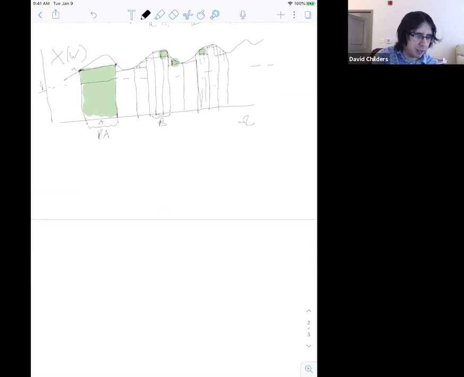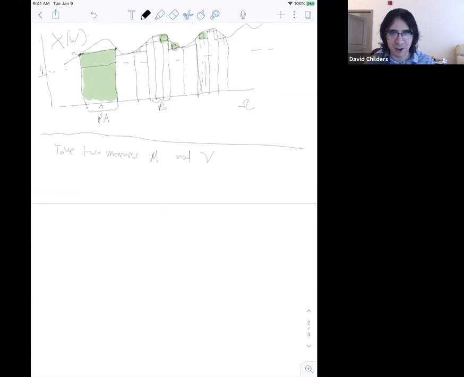So we take two measures that I'm going to call mu and nu. It's a Greek letter that looks like a V and is hard to draw in a way that's distinct from a V, but I'll say nu. And so these are measures, they're not necessarily probability measures.